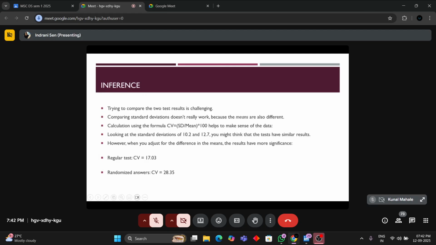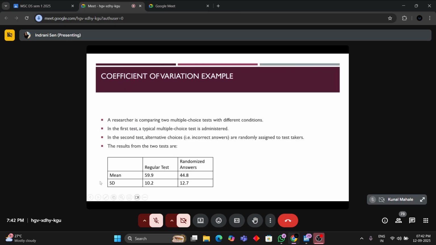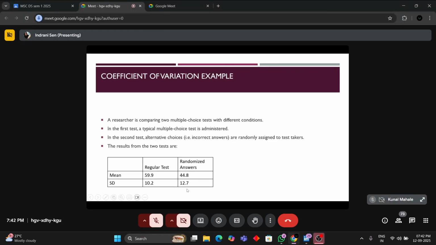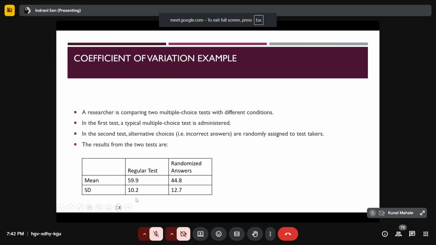If we compare the standard deviation of two particular tests, for example the regular test and the randomized answer test, the randomized answers have a standard deviation of 12.7, which is a little more than that of the regular test, but that doesn't give you a clear picture, because the means are completely different.